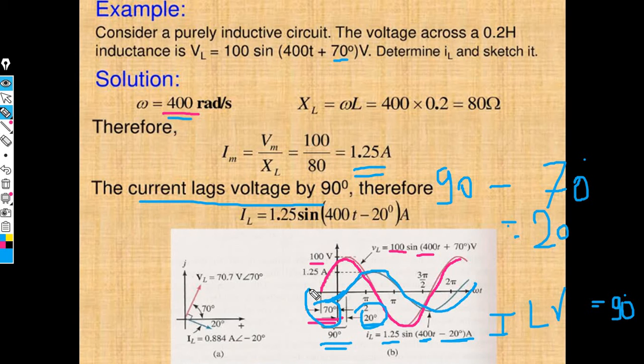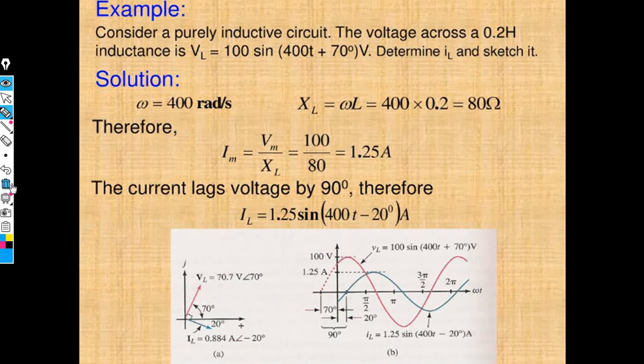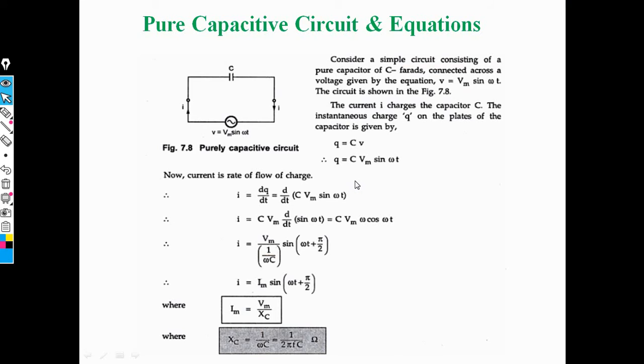Okay, now we have to explain the concept of a purely capacitive circuit. Here the purely capacitive circuit diagram is there, and the equation also.